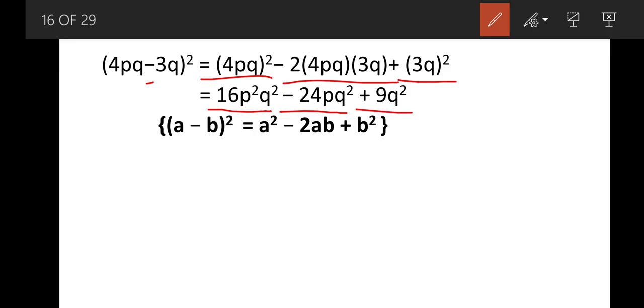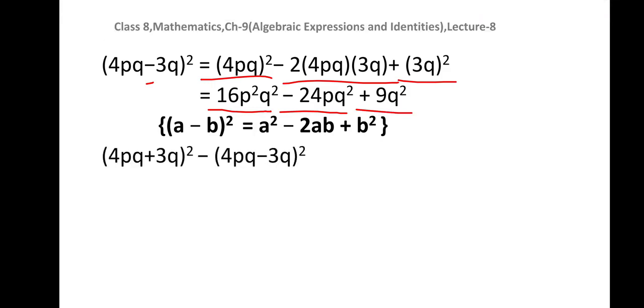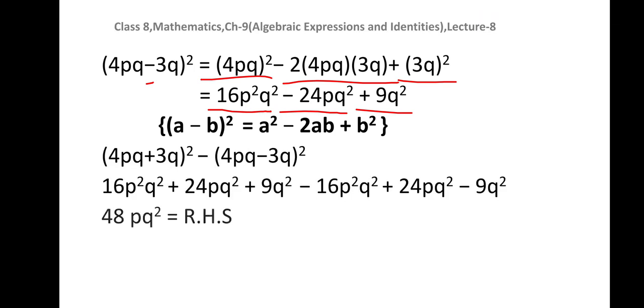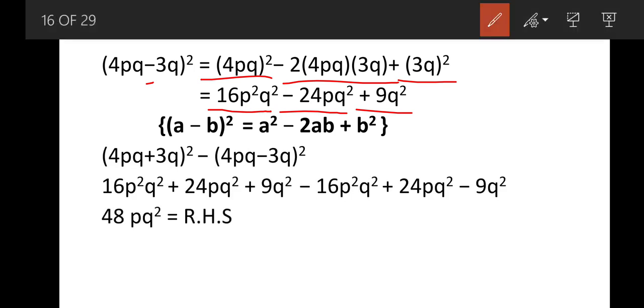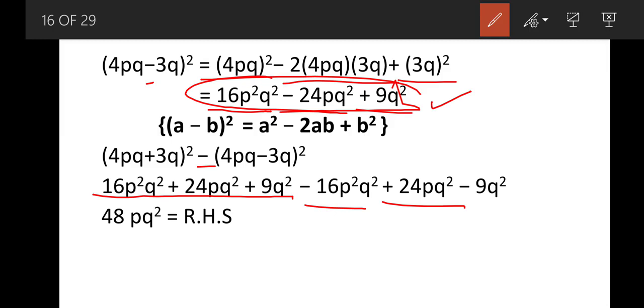So I need to take the subtraction of these two. I need to solve this. This is your left hand side. I have written the result. This was your left hand side, and as the minus sign is there outside, I have changed the sign of every term of this. So it will be minus 16p square q square plus 24pq square.